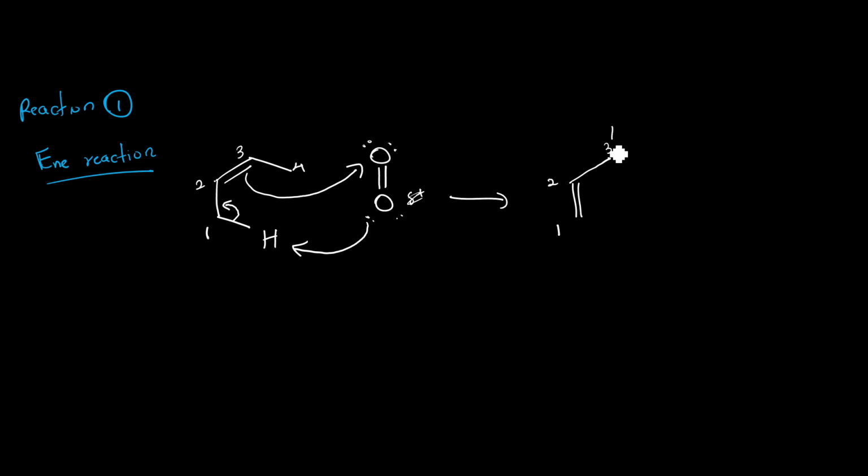So this carbon is attached to an oxygen, and that oxygen is bonded to this one. So let me draw it, and we have the hydroxyl, OH. So now the hydrogen is attached here, and finally we have the fourth carbon here. So this is our ene reaction.